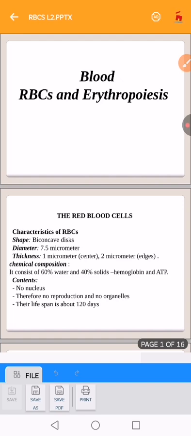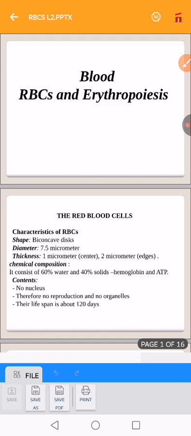The shape of the RBCs is a biconcave disc, with a diameter of 7.5 and a thickness of 1 micrometer. What is the composition of the RBC as a cell? Each cell contains 60% water and 40% solid.